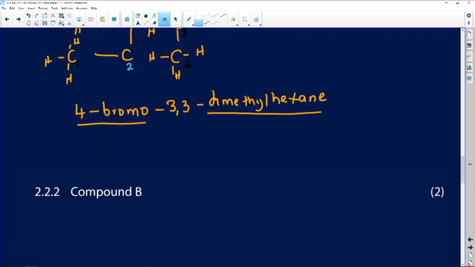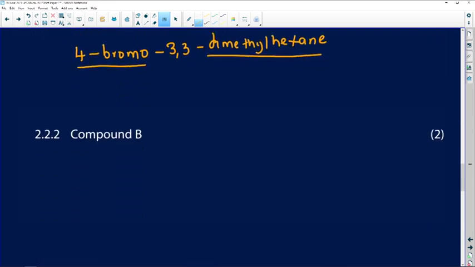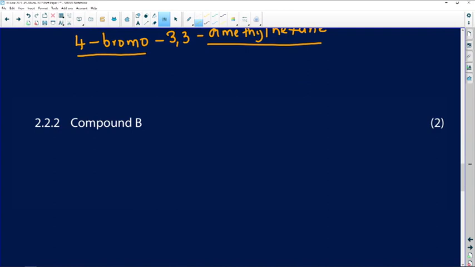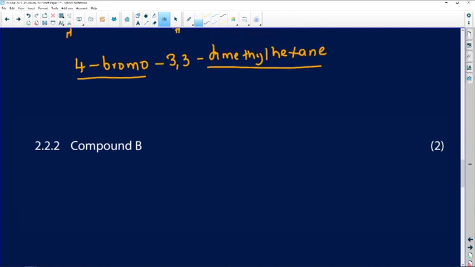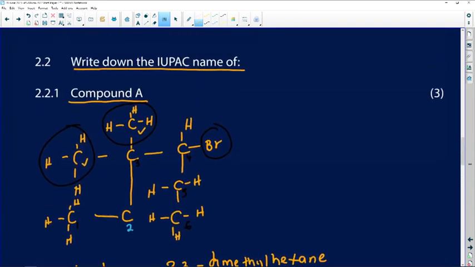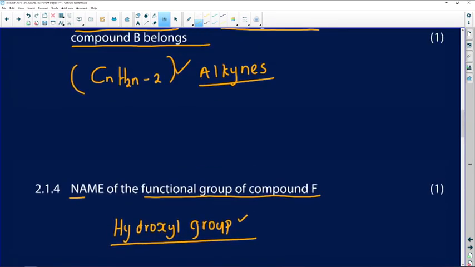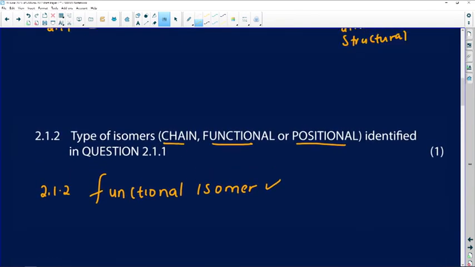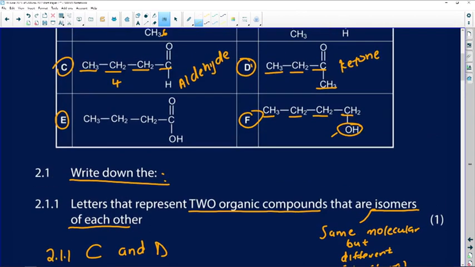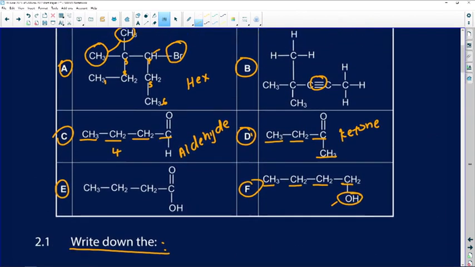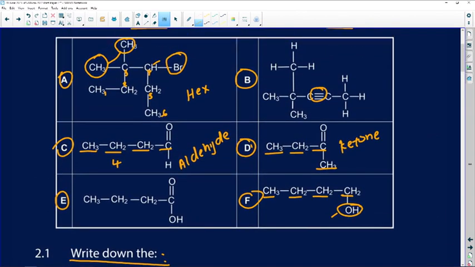Let us move to 2.2.2. We are also asked here to give out the IUPAC name of compound B. Let us go and verify compound B. This is compound B here. Compound B has a triple bond, so we need to count nearest to the functional group.